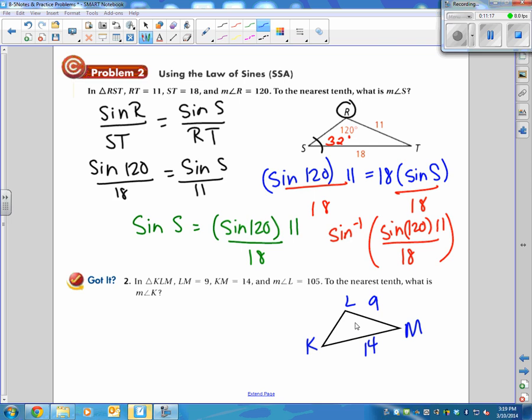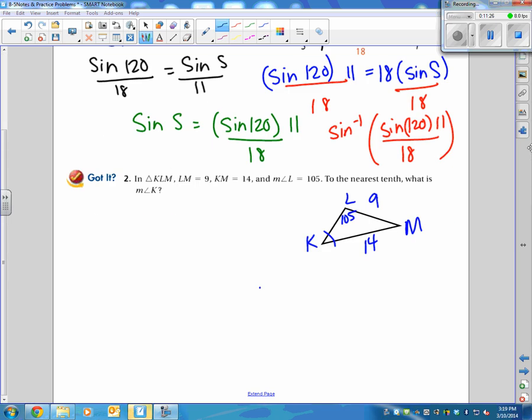Angle L is 105, and angle K is what we're looking for. So I will set up my ratio proportion as the sine of 105, which is L, over 14 equals the sine of K over 9.